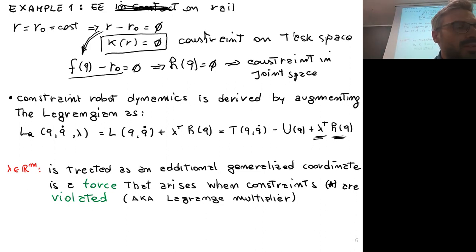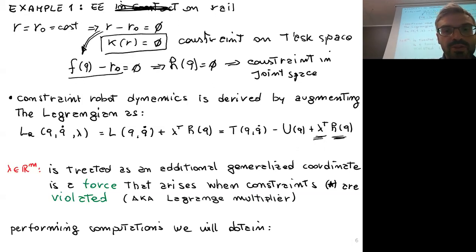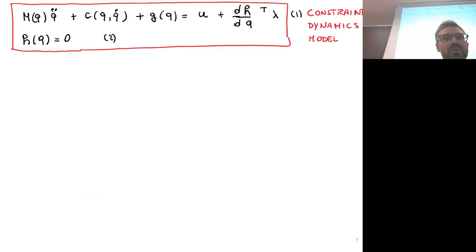So now we have a Lagrangian model to derive that has n generalized coordinates q and m lambdas. And I won't do the derivation here, but it can be proved, if we do the same derivation with the Euler-Lagrange equations, that the model that is obtained in this case is the following one.